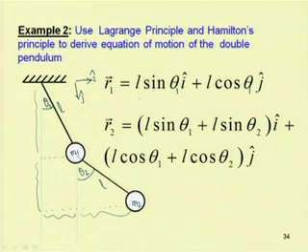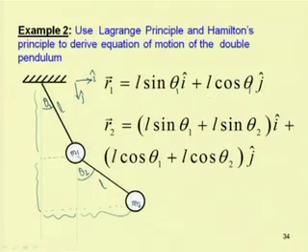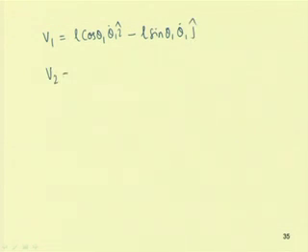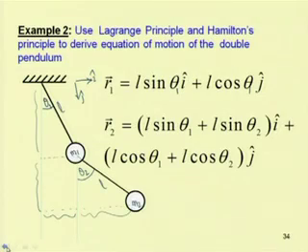So, by differentiating this, one can write v1 equal to L cos theta 1 into theta 1 dot, this is in I direction, plus, differentiating L cos theta 1, it becomes minus L sin theta 1 theta 1 dot in j direction.